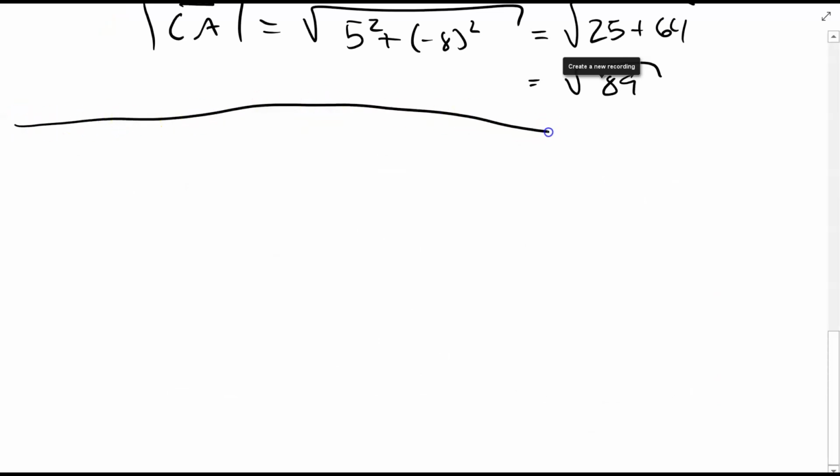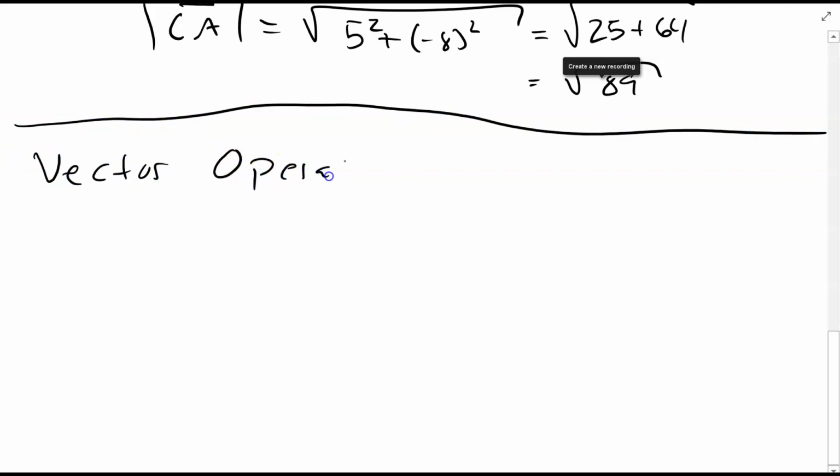So we're going to continue talking about vectors. And what we're going to be focusing on today is vector operations. And we're going to start with just some definitions here, because we've defined this new kind of quantity to work with called a vector.